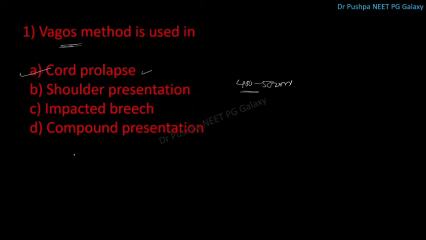So what are the types of malpresentations? Here the given options include shoulder presentation. What is this shoulder presentation? The presenting part will be the shoulder, so shoulder presentation or transverse lie.